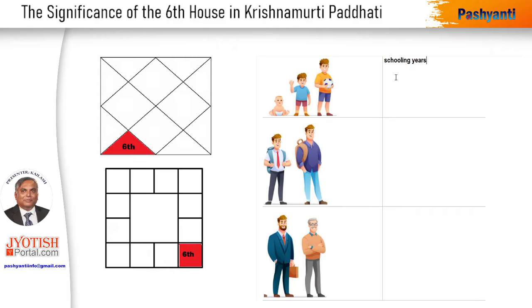Now in the schooling years, if the sixth house, 6 or 10, this combination is there in the dasha, antar or pratyantar, then of course at that time a person is of very tender age. But these days there is a very competitive environment that has been created in the school, and that's very unfortunate, but that's the reality.